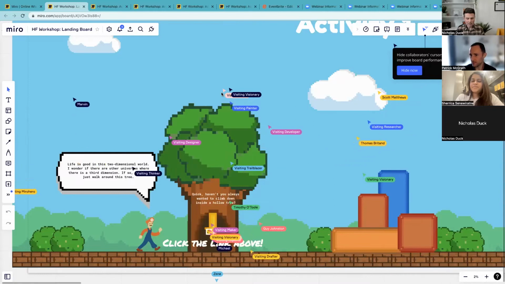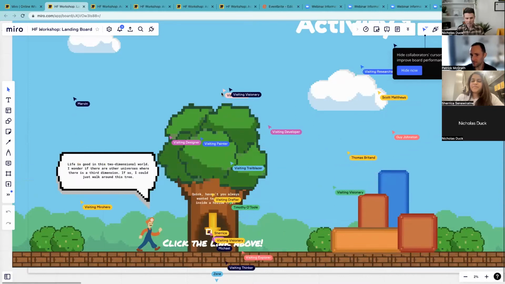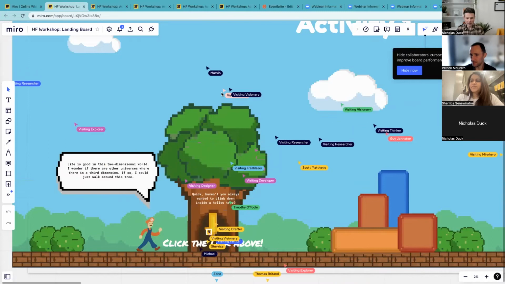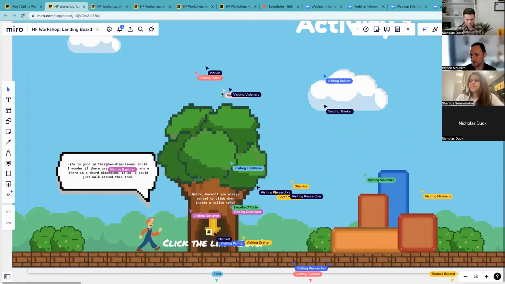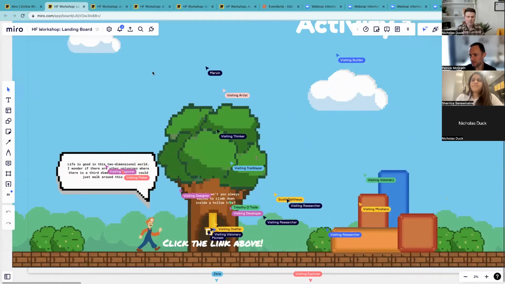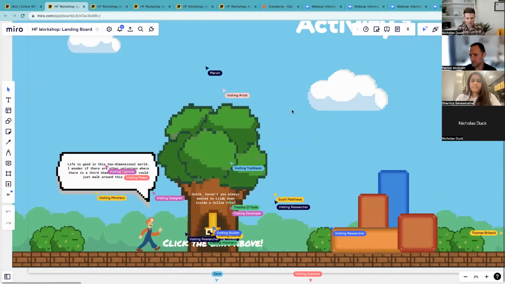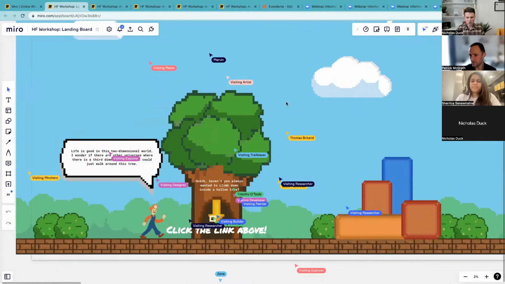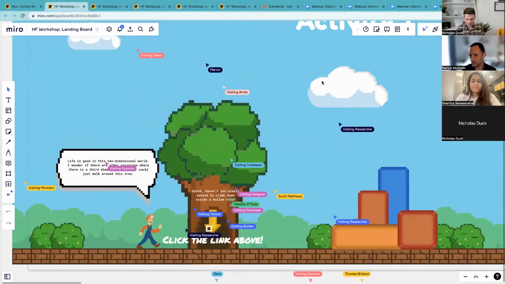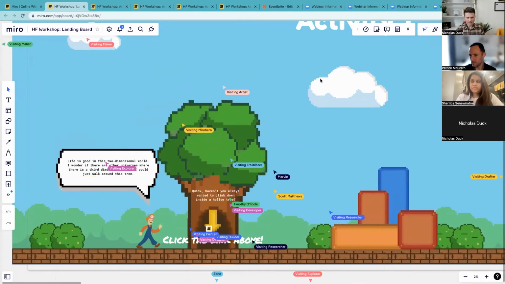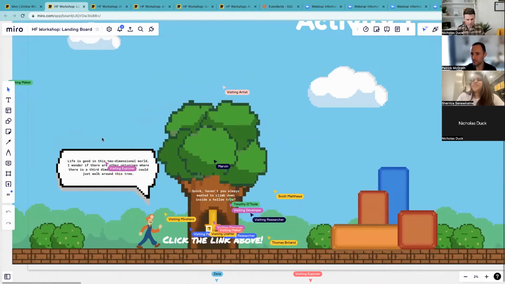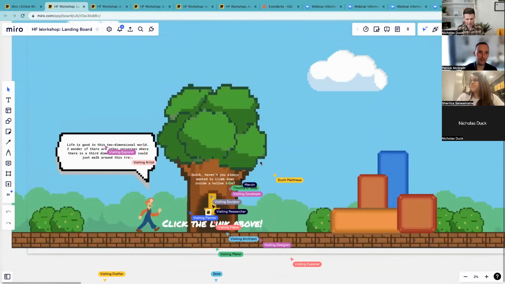If you're having any trouble clicking on that link, Sharika will put a second link in the chat as a backup. So just explore the board. A few of you still haven't found it. It's just in the hollow of that tree. Everyone's getting the hang of it now.